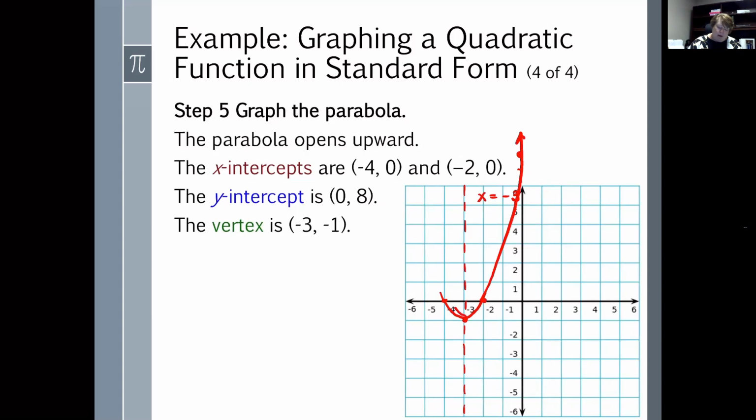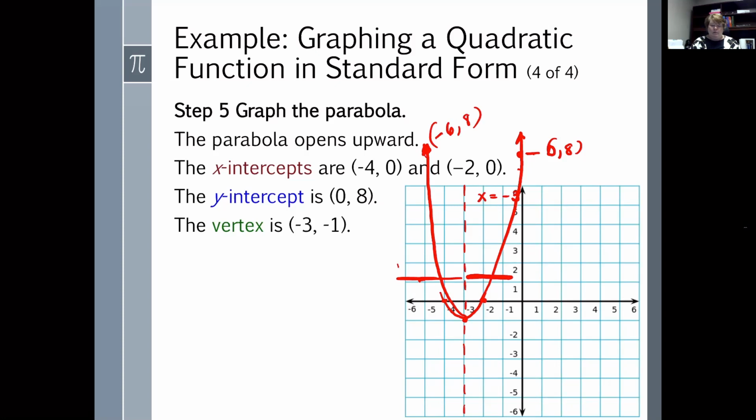And to show you how this axis of symmetry works for you, if I have a point here at 0, 8, which is 3 units away from the vertex, I will have a point 3 units away in the other direction from my vertex at -6, 8.